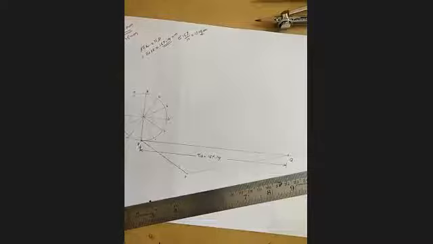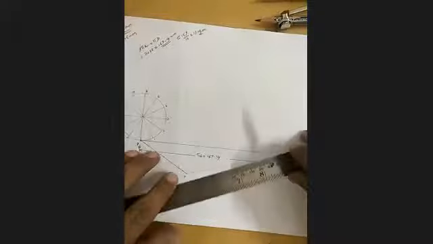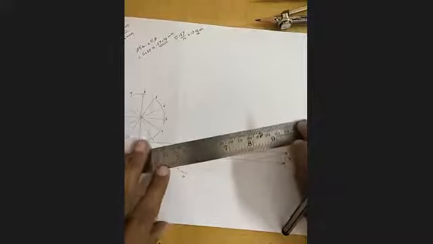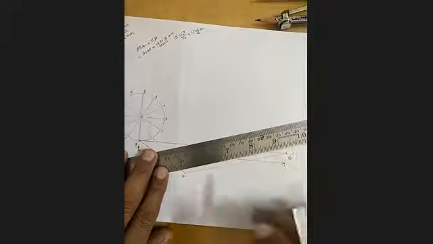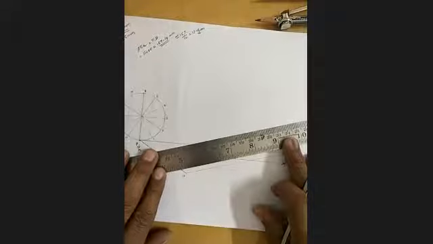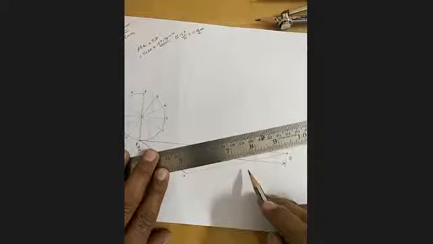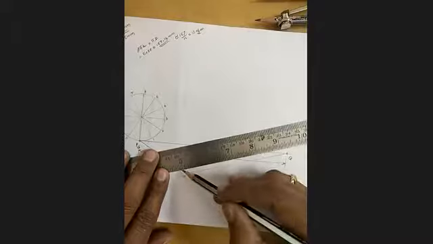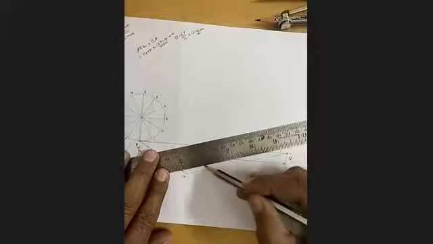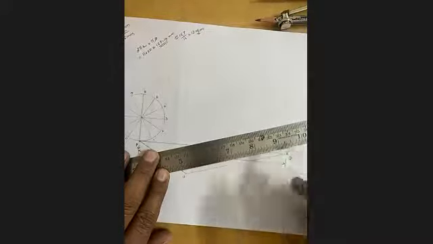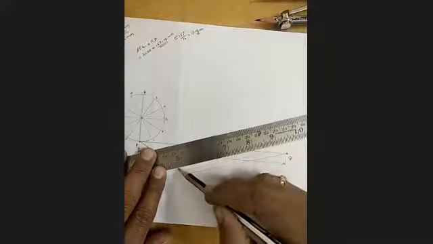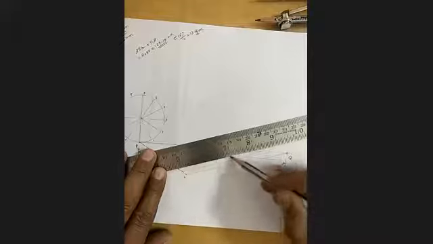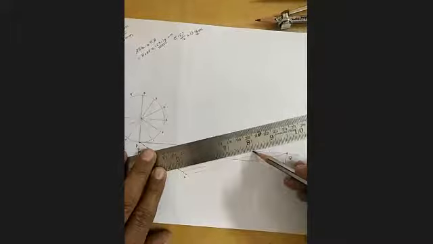Now, what method will I use? Parallel method. From this point, I will draw a line parallel to this 12th line. The 12th line I already drew. Parallel to that, you see, I will draw this. These two are parallel. Again, passing through the next point. Parallel means equidistant.